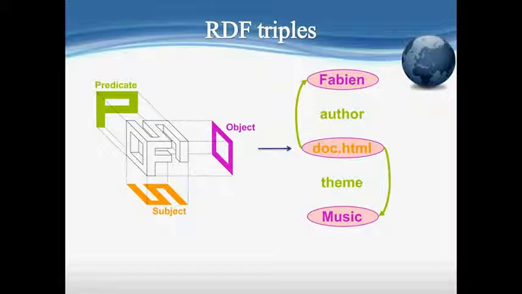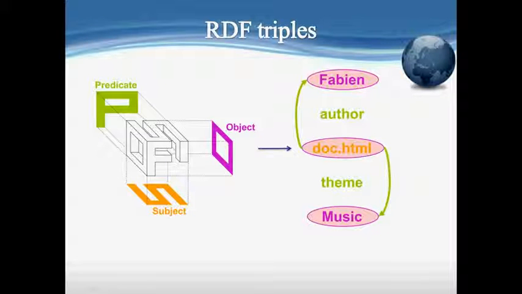First, this document has a term, let's say music. So each element or each information and data should be represented in triples: subject, predicate, and object. Here the subject is your document, and the predicate is term, and the object is music.